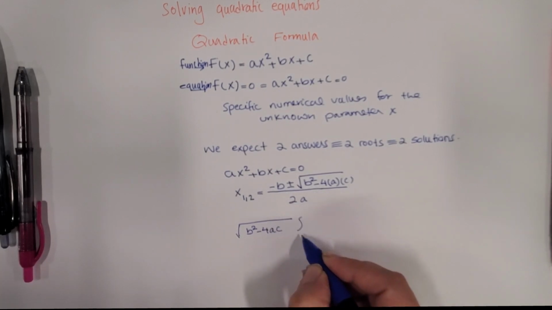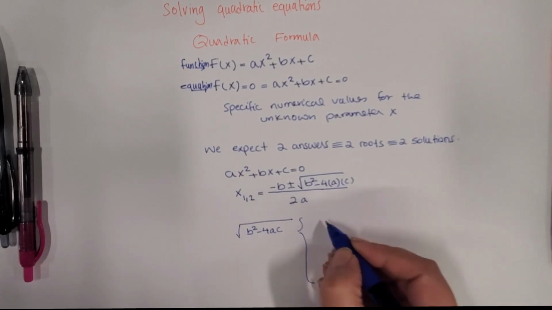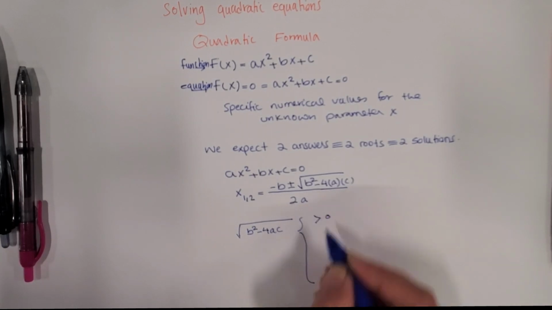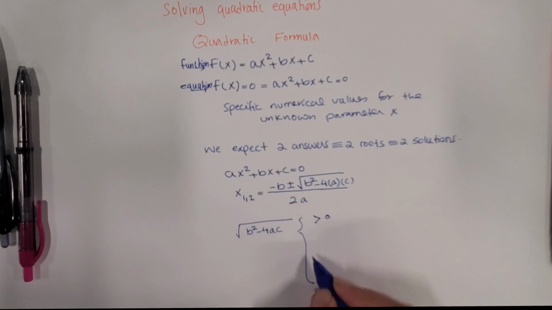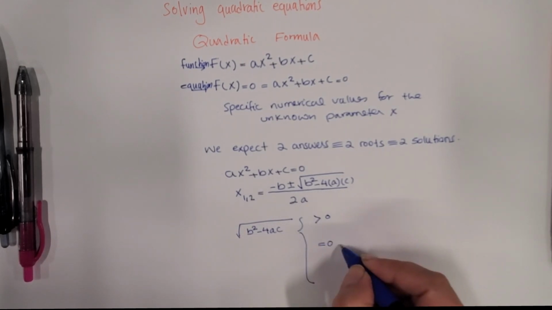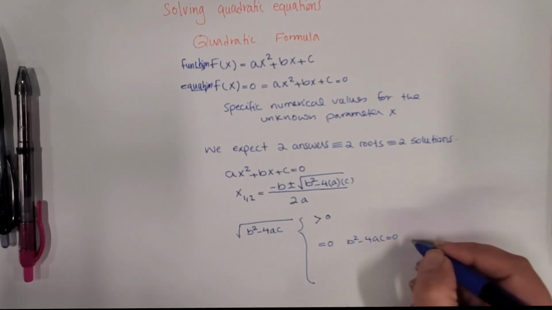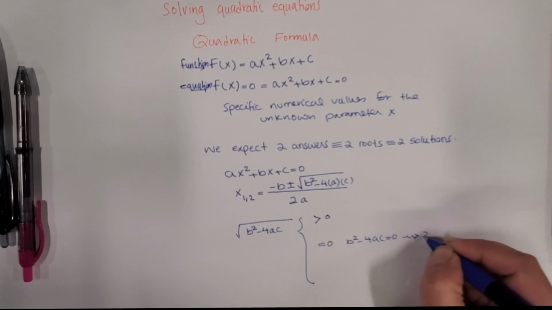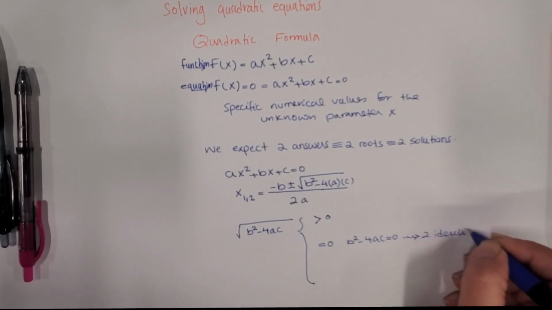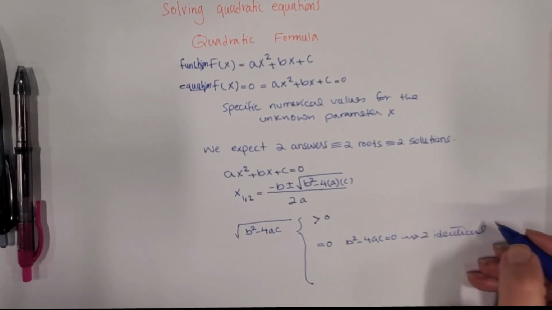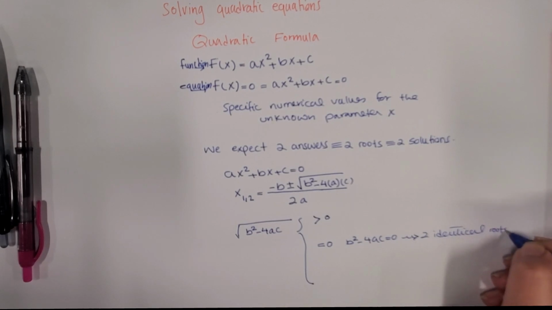Okay, as we know, under the radical should always be either greater than 0 or equal to 0. If this thing under the radical is exactly 0, that means we would have two identical roots. Okay, well, I'll explain it later.